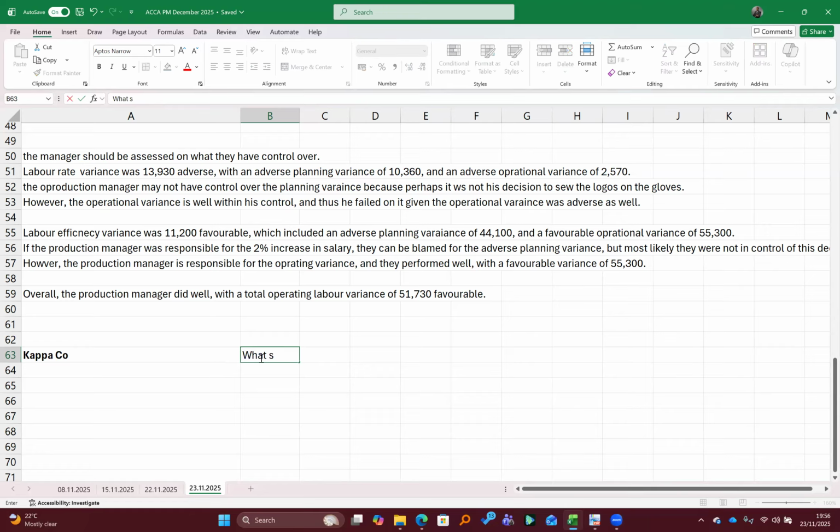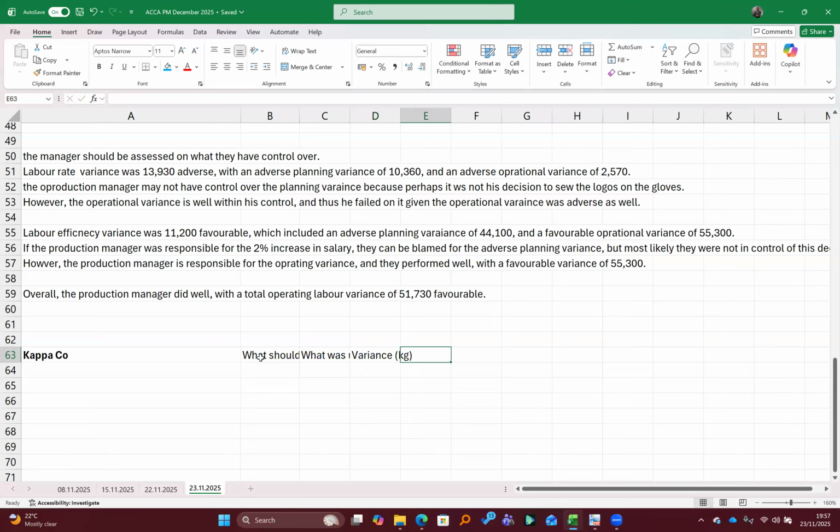So what should have been used? What was used? Then you get the variance. The variance here is in kilograms.